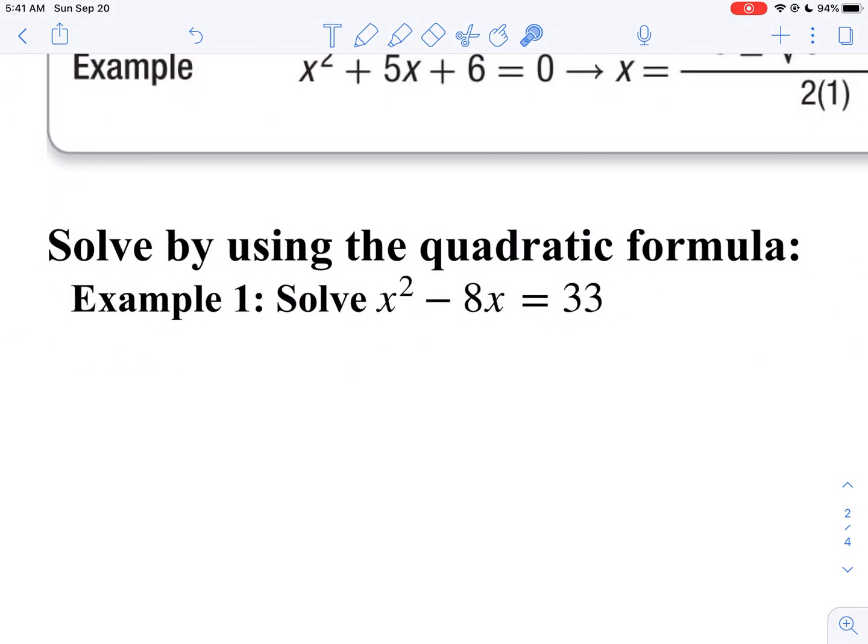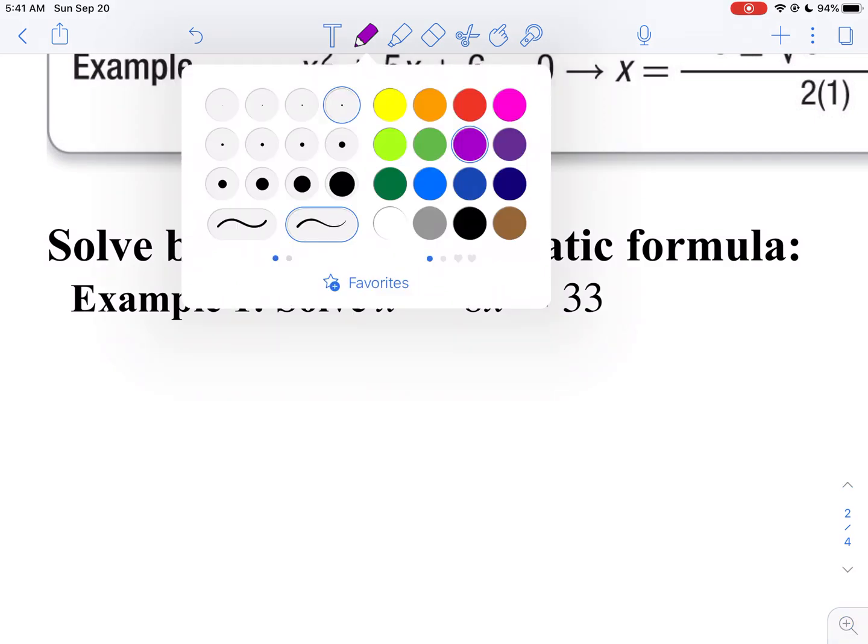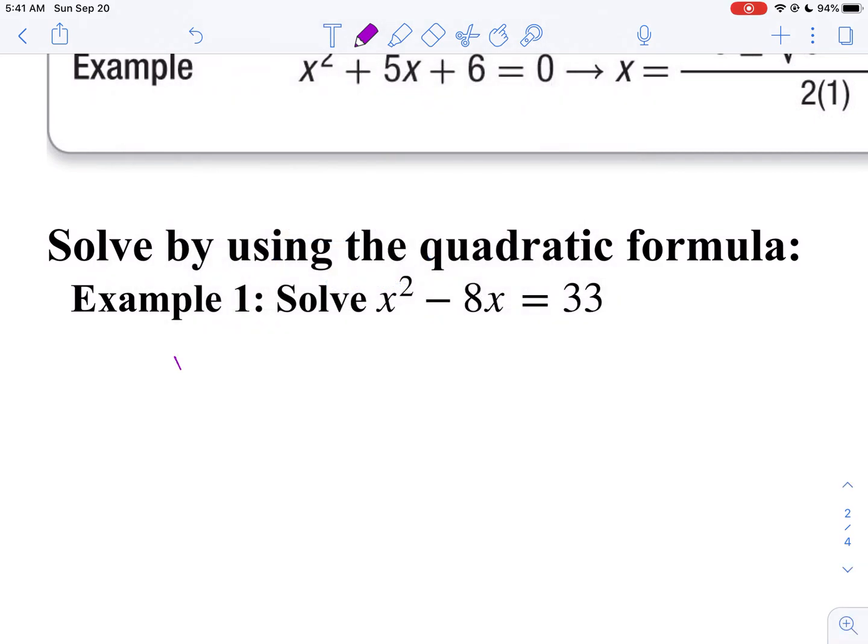So on the first question here, the first thing we want to do is move that 33 to the other side. So we get x squared minus 8x minus 33 equals 0.